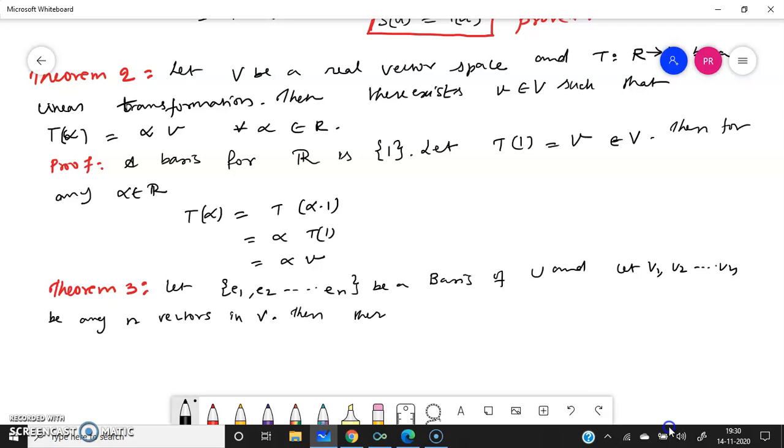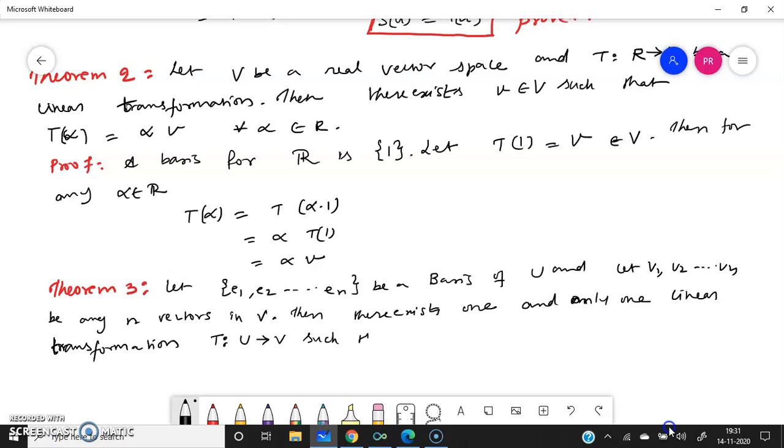Then there exists one and only one linear transformation T from U to V such that T of Ei equal to Vi, i equal to 1 to n.